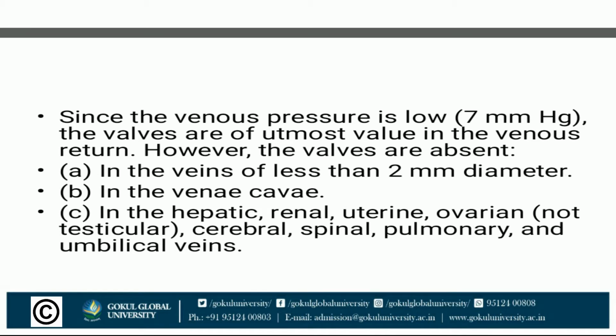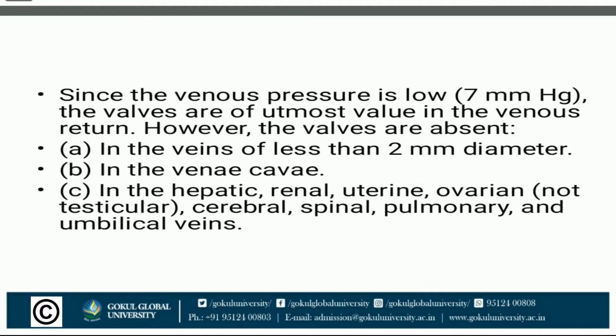Since the venous pressure is low, 7 mm Hg, the valves are of utmost value in the venous return. However, the valves are absent in veins of less than 2 mm diameter, in the vena cava, and in the hepatic, renal, uterine, ovarian, not testicular, veins.